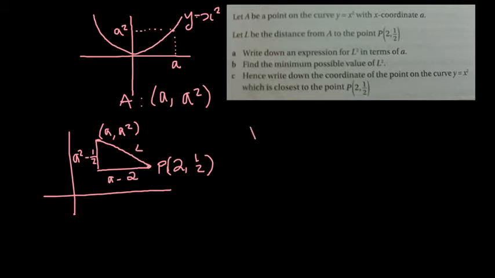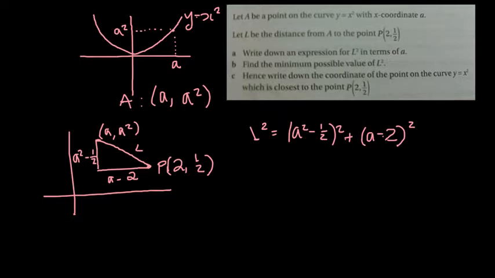So L squared then, the long side squared, is (a squared minus a half) squared plus (a minus 2) squared.